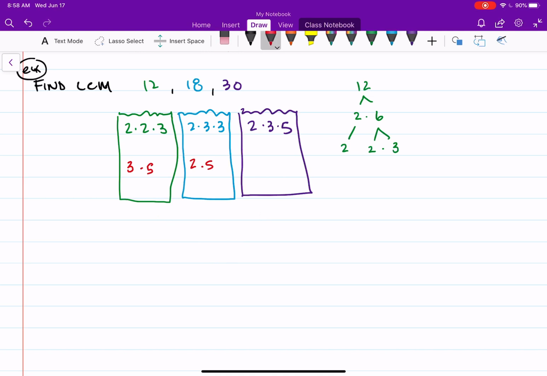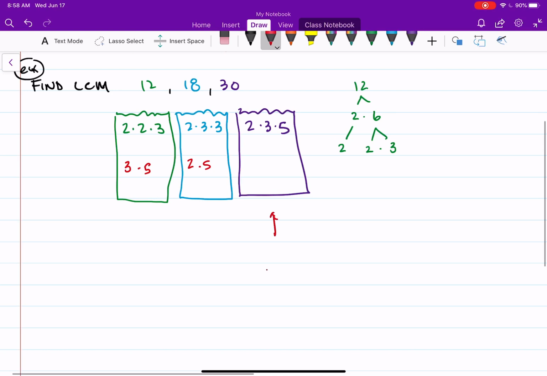So now I'm going to be this bag, and I'm going to ask myself, what do they have that I don't have? Well, the green bag has two 2s, so I want another 2. The blue bag has two 3s, so I want another 3. I have a 5. Everybody else has a 5. Awesome.